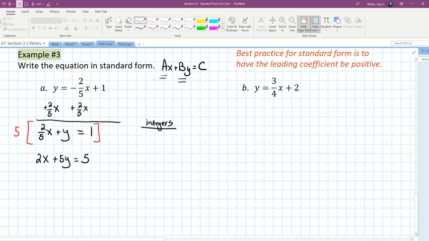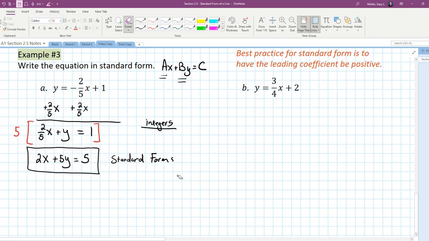So this is the equation of the line in standard form. And again, the signs that you're in standard form is that the coefficients are integers, x and y are on the same side, and your constant is over on the other side. Ax plus By equals the constant.